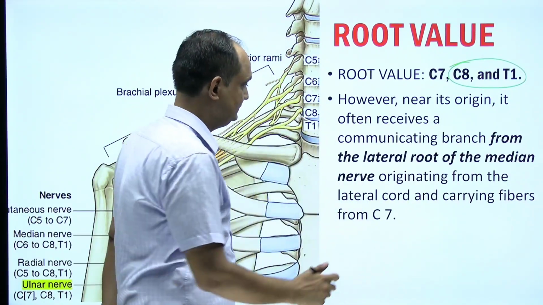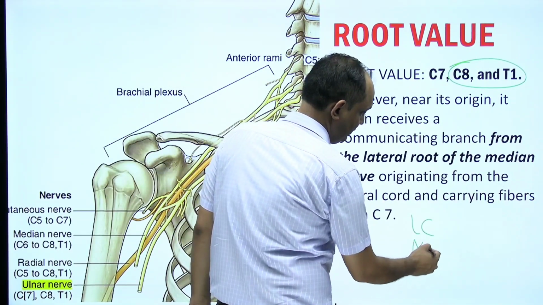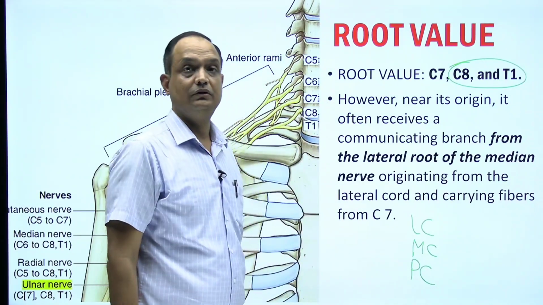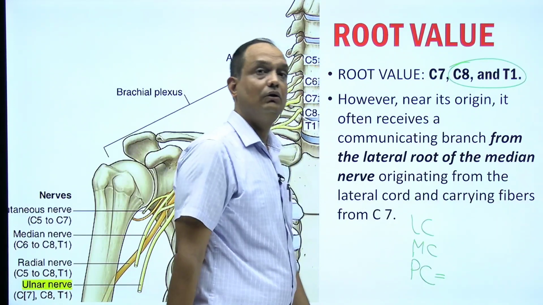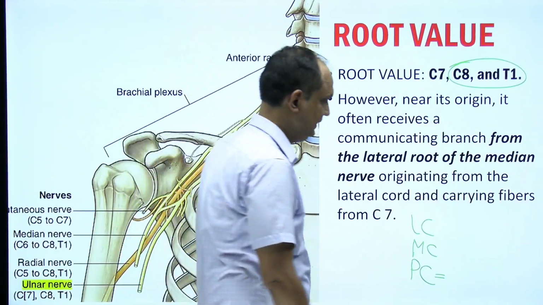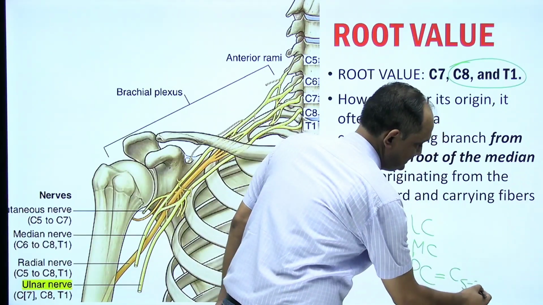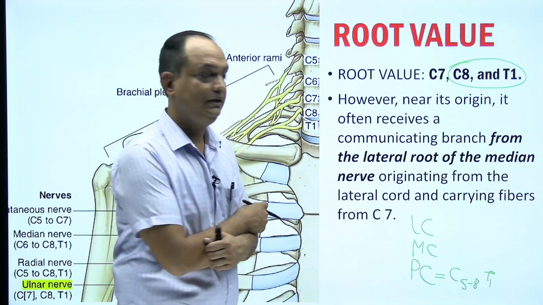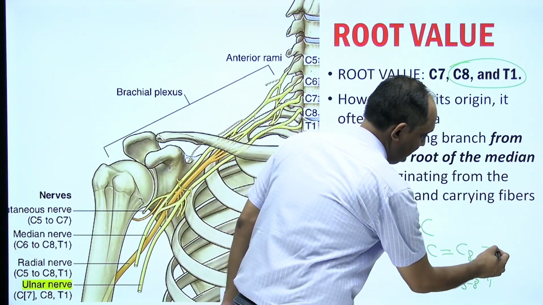Now, you have the lateral cord, the medial cord and the posterior cord. If you see the formation of these three cords, you will realize that the posterior cord has contributions from all the roots of the brachial plexus, C5, C6, C7, C8 and T1. The medial cord is formed by two roots, C8 and T1.